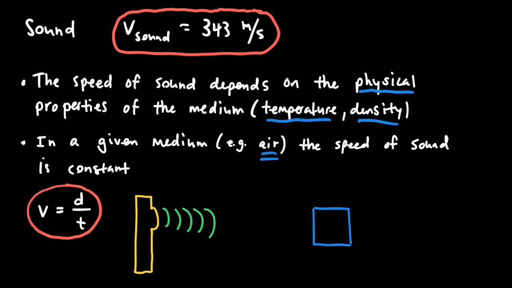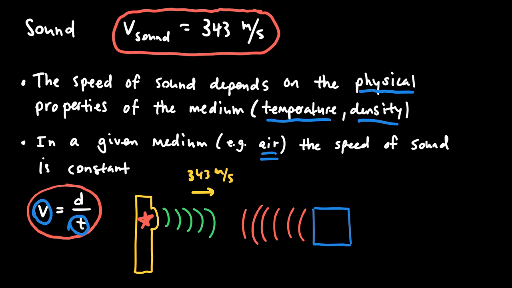It sends out a wave pulse, and because we know that sound travels at 343 meters per second, if those wave pulses bounce off of an object and return back the other direction, and then are received by the motion detector a certain amount of time later, then if the motion detector knows how much time it took for those wave pulses to return, and we know that the speed of sound is approximately 343 meters per second, it should be able to work out how far away that object was.